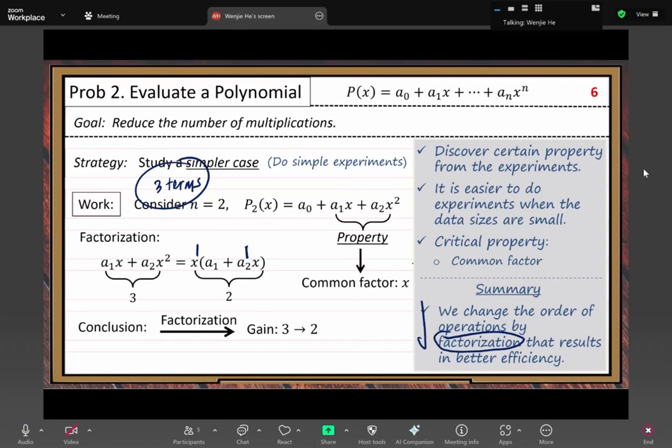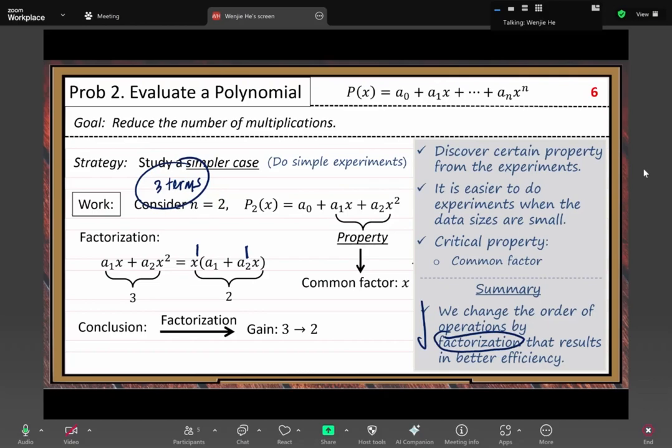Here is a specific way to change the order. That results in better efficiency. Now we see the result. It's an encouraging intermediate result.